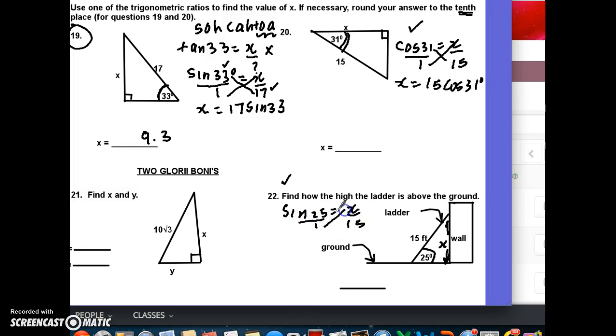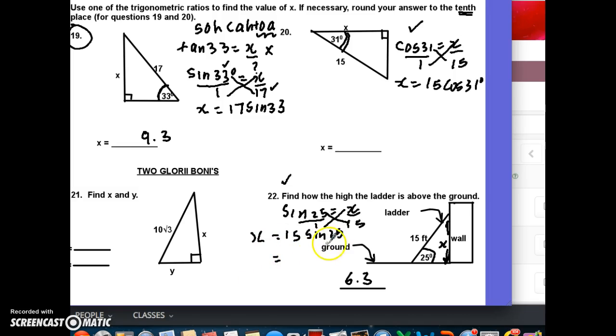Here again, we simply cross multiply. x times 1 is x, and this time this gives me 15 sine 25. If I work this out in my calculator, 15 times sine 25, equal, that gives me 6.3 for the answer, rounded to the 10th place.